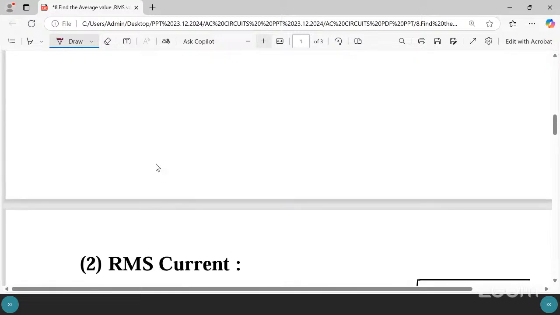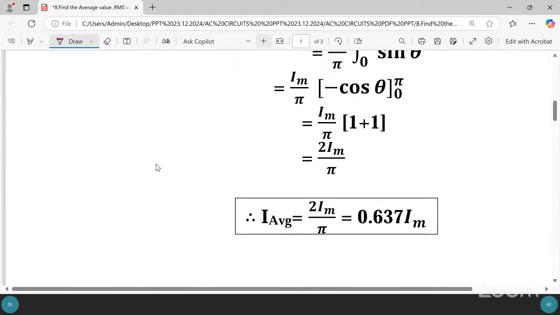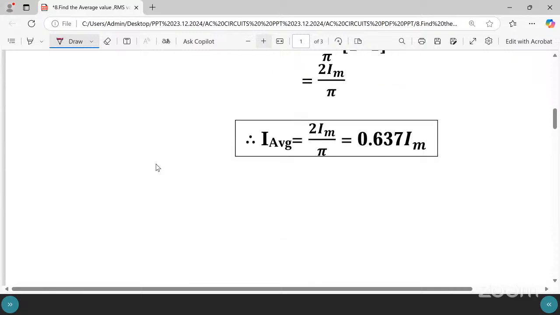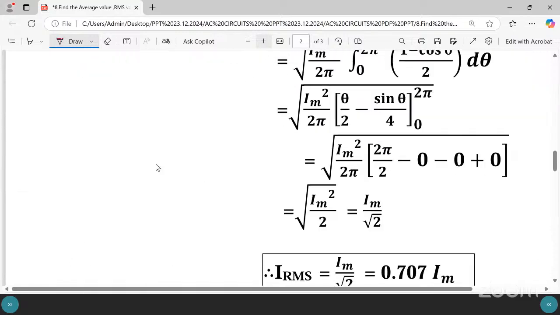Please note down this formula: 2 Im by pi, 0.637, I average. This is the eighth topic. Next one.